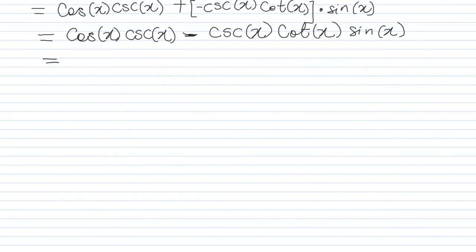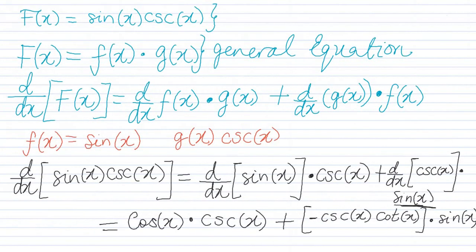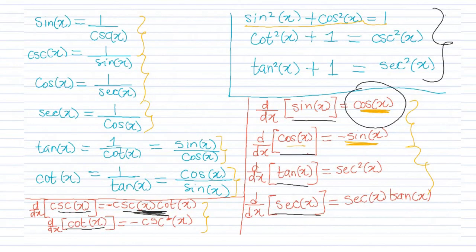The first thing we can do is write cosine x, and we remember what cosecant x is equivalent to. Let's go to the previous page to see. We know that cosecant x is the same thing as 1 over sine x.